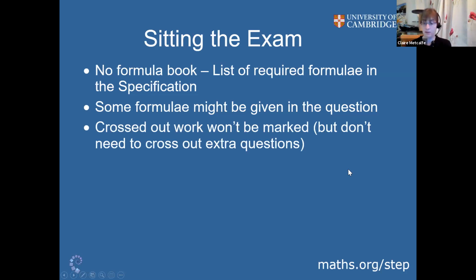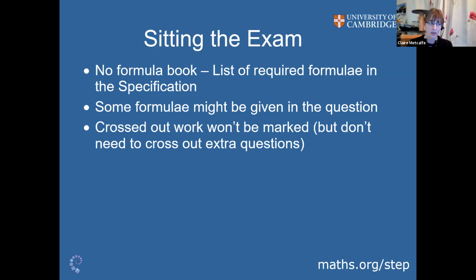Crossed out work isn't marked. This is very similar to A-level, but the difference is that crossed out work that isn't replaced is still not marked. So I believe that with A-level, the rule still is that if there is an attempt made at the question which is crossed out but not replaced, it gets marked. With STEP, the rule is if it's crossed out, it doesn't get marked.